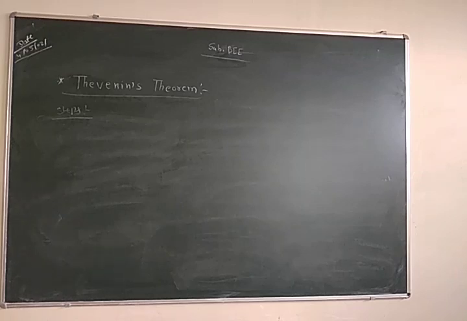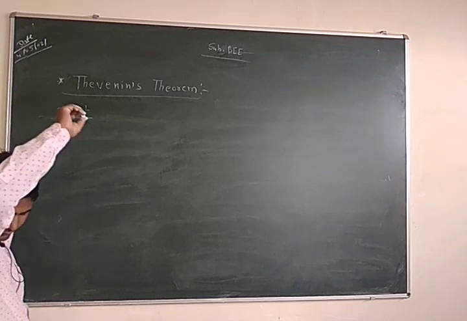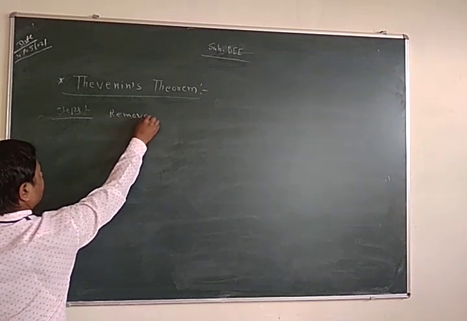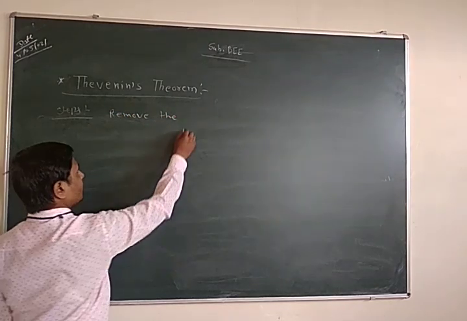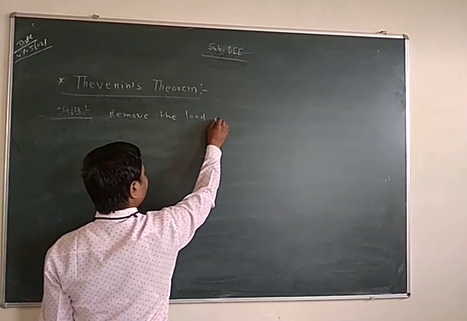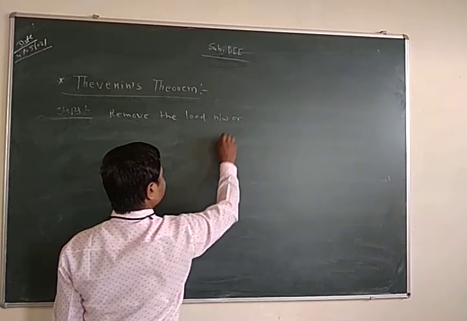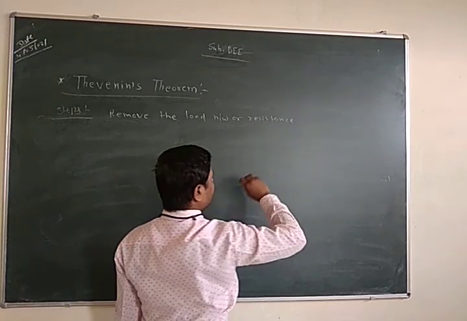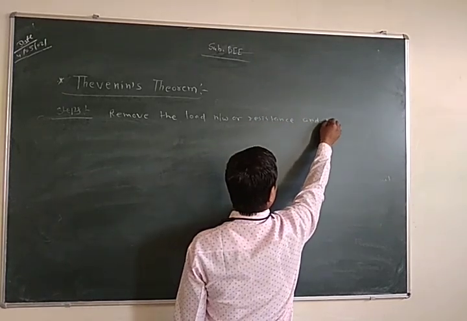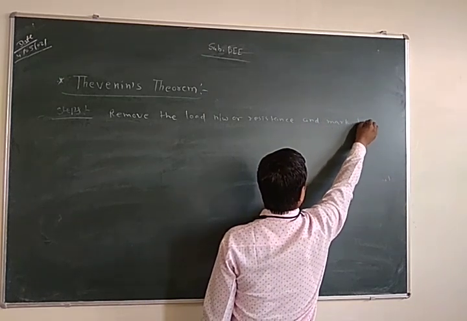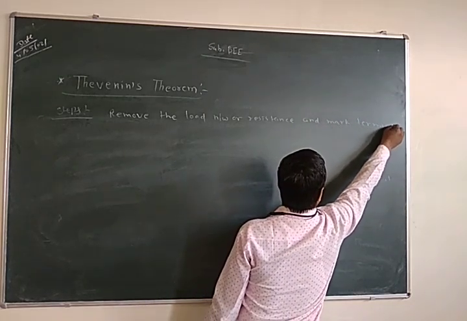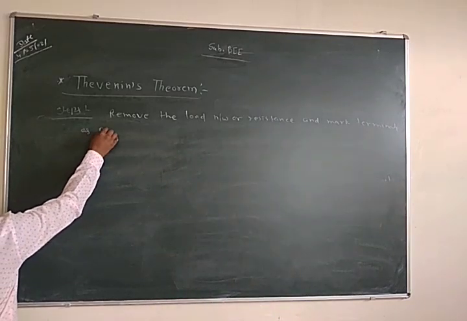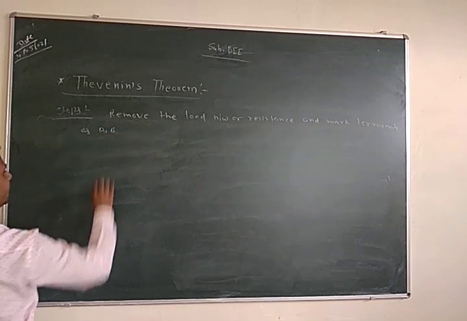Remove the load network or resistance and mark the terminals as AB or XY anyway.